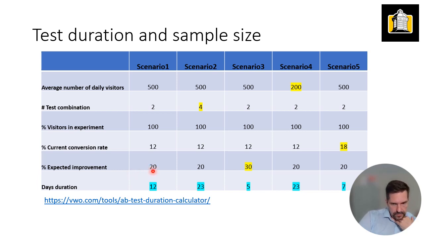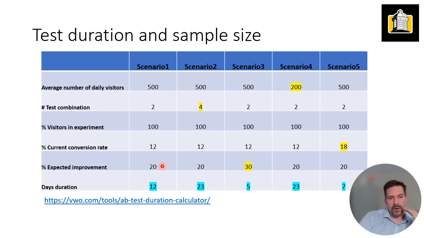Now, here is where you're going to have to speculate. If the action that you're undertaking is going to have a big impact on your conversion rate, you will capture that here. What is a big impact? Well, this is a 20% increase, hopefully, in our conversion rate.